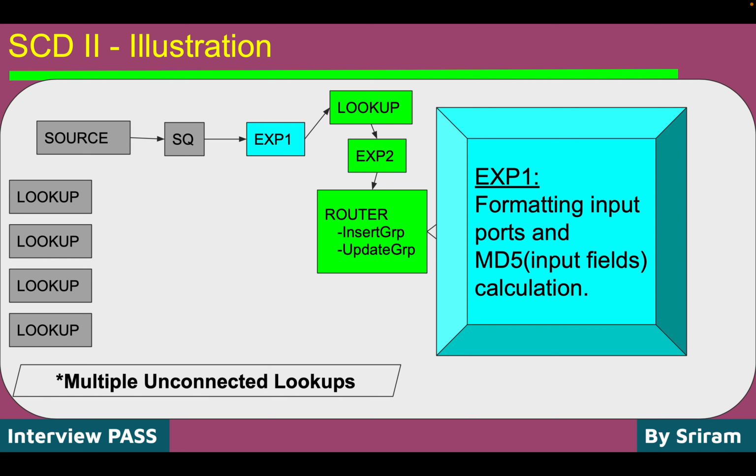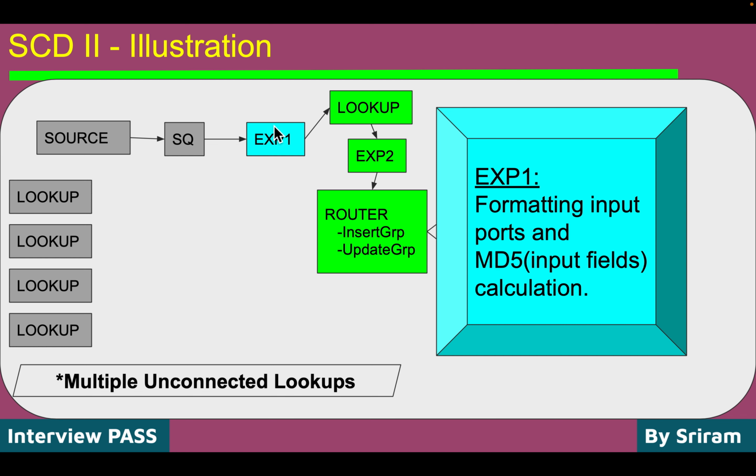Expression 1 is used for formatting the input ports and input fields and calculating the MD5 for those input field values, which can be compared with the target values. In this expression, I use these unconnected lookups to derive all the values which are needed for the target and calculate the MD5 for the particular input source record.